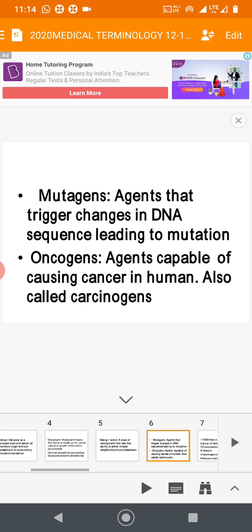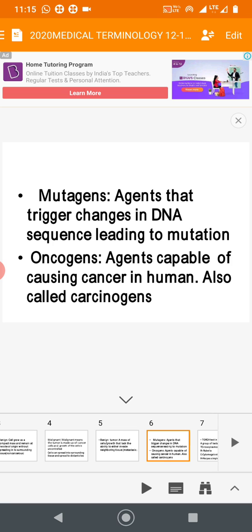Okay, so what are mutagens? See, mutation is a term for changes in the DNA sequence which are transferred to the next generation. A mutagen is an agent that triggers changes in the DNA sequence.